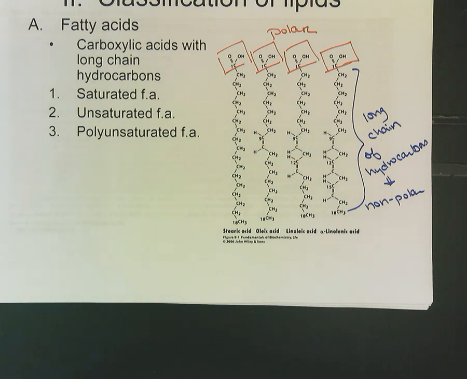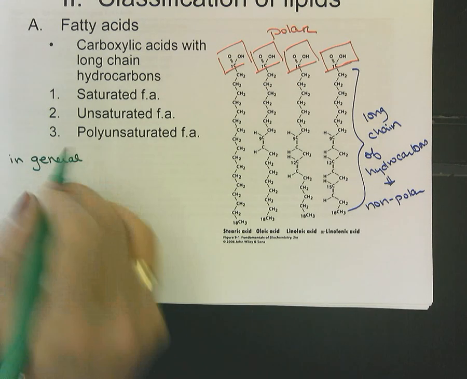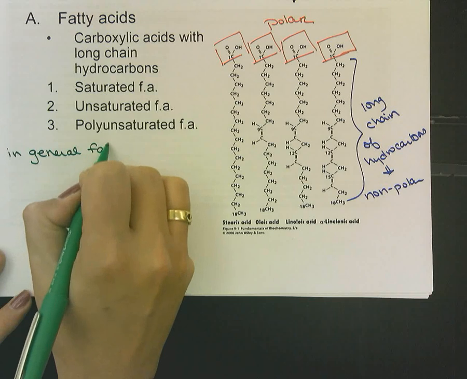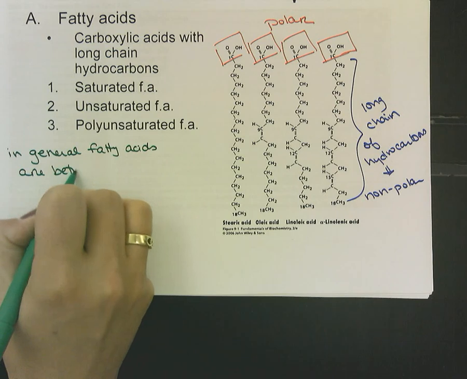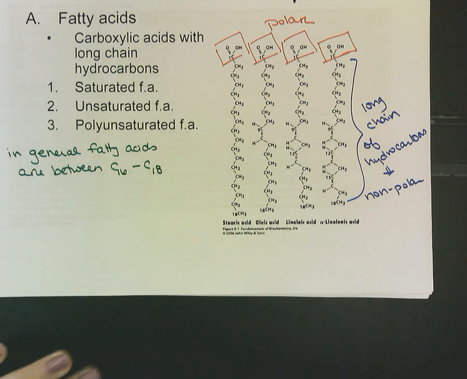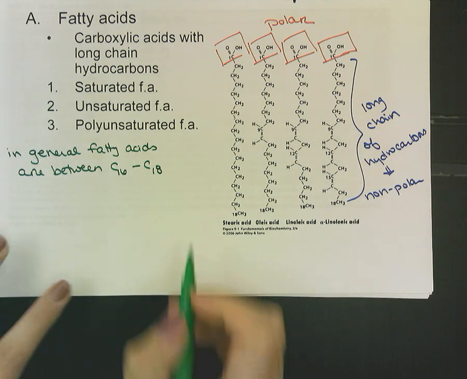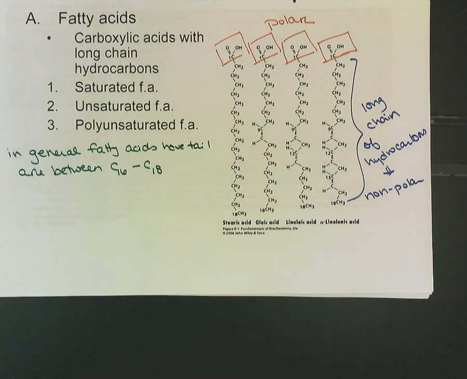Let me give some general information about fatty acids, and then I'll talk specifically about three subcategories. So in general, fatty acids have a long tail between C16 and C18.